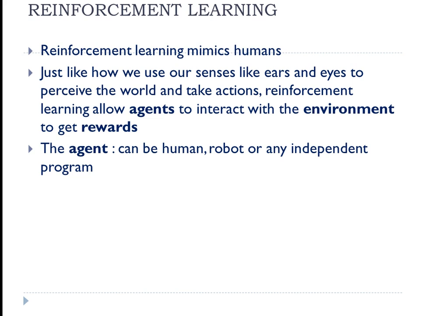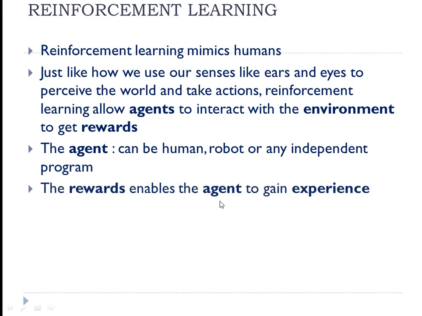Reward depends upon what the agent does, how the computer program is functioning and giving output. Suppose a program is doing well, you give positive rewards. Suppose the program is not giving the correct output, you give a negative reward. So rewards will help the agent, or the program, to gain experience, and thereby based upon this experience it will improve its learning.